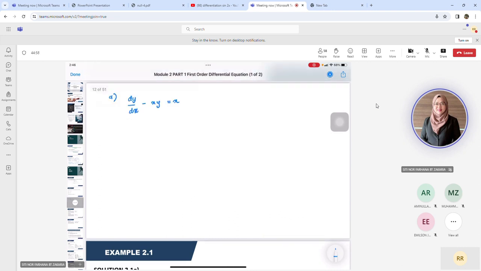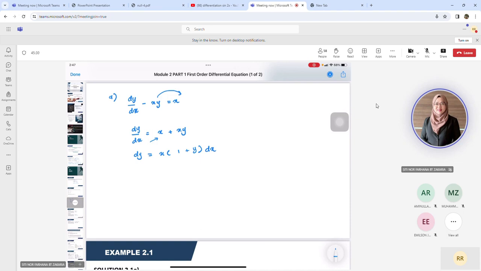For example, this one, dy over dx equals to x plus xy. Kita bawa to the right side and then simplify this one, x times (1 plus y). dx boleh multiply to the right side, so dx here, dy on your left.